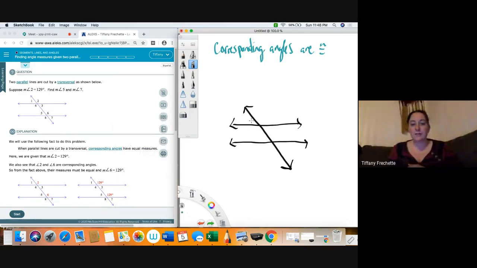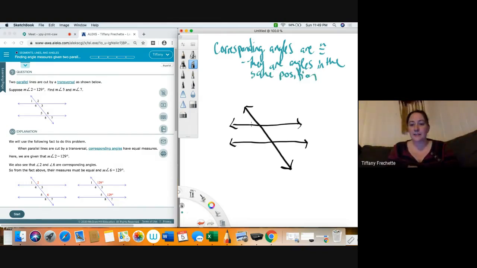So corresponding angles, they are congruent. They are angles in the same position.